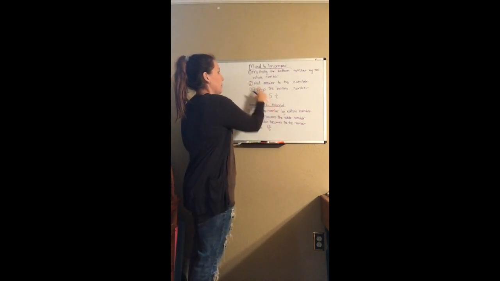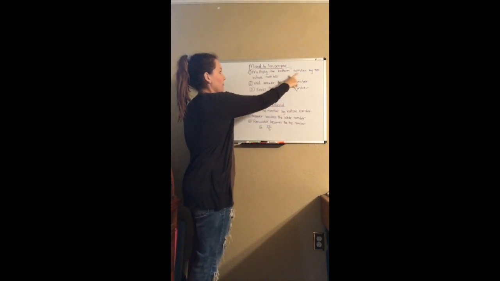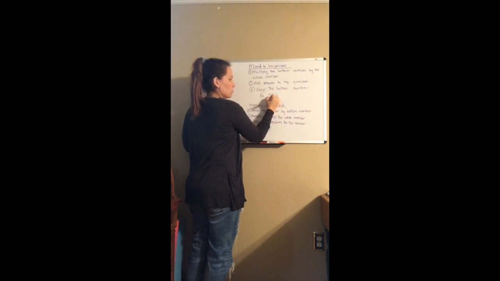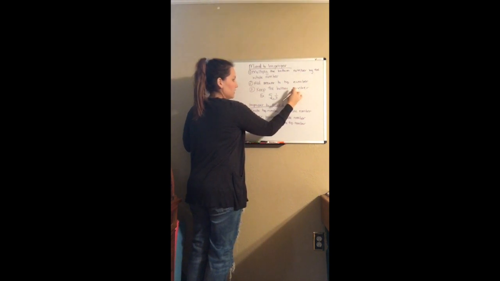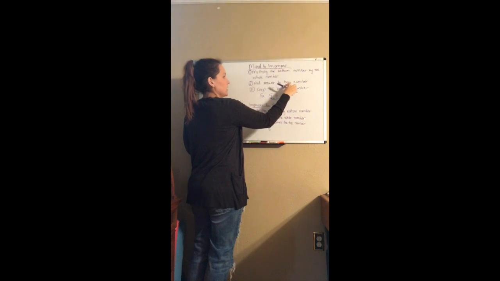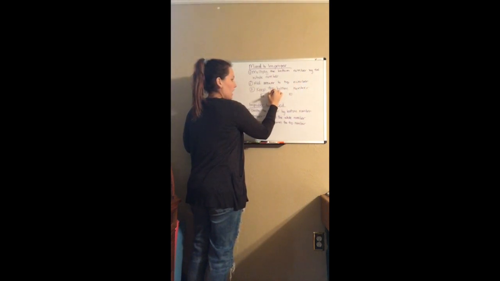In this one, it says multiply the bottom number, so our denominator, by the whole number. So we're going to multiply this 2 times the 5. So 2 times 5 will give us 10. And then it says add the answer to the top number. So whatever we get from here is added to the 1.